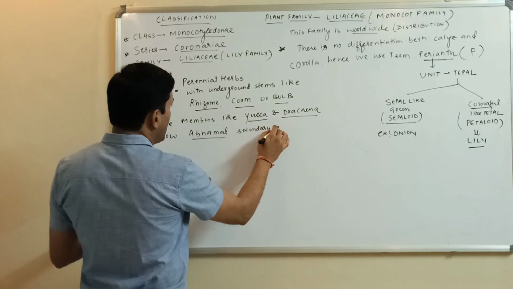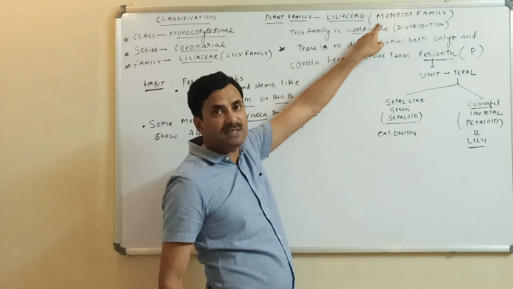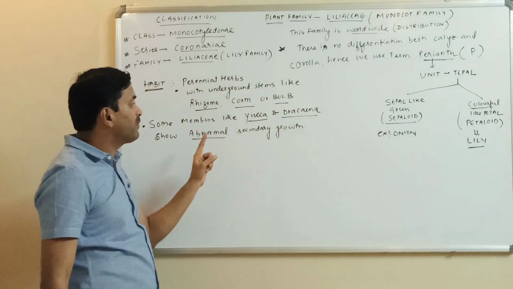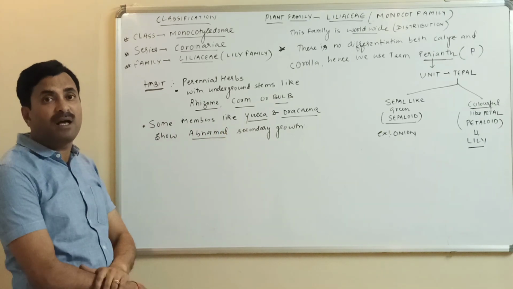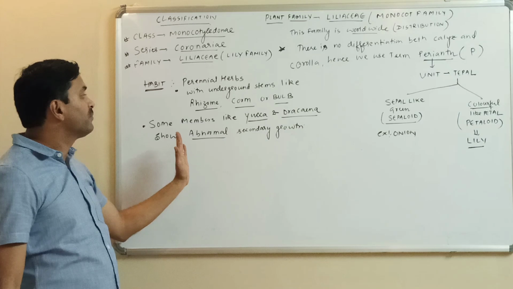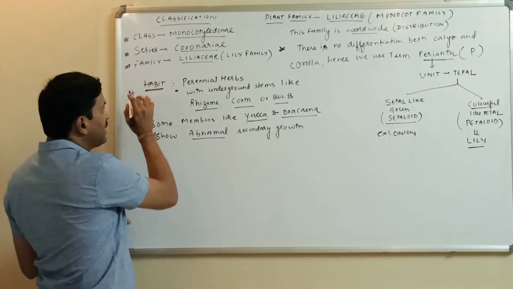Normally we are studying what? We are studying a monocot family. Liliaceae is a monocot family, and in monocot family secondary growth is absent, but exceptionally the yucca and dracena are showing the abnormal secondary growth. Okay, so this is the habit.